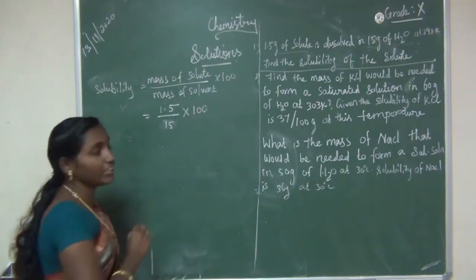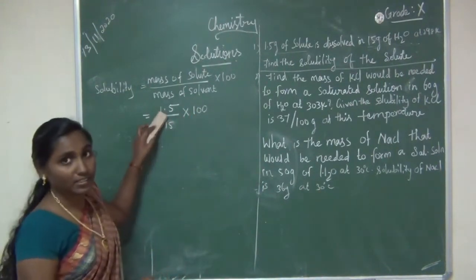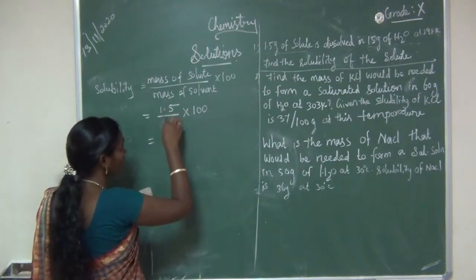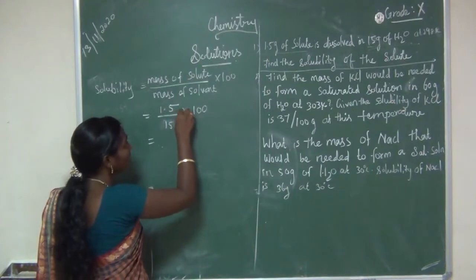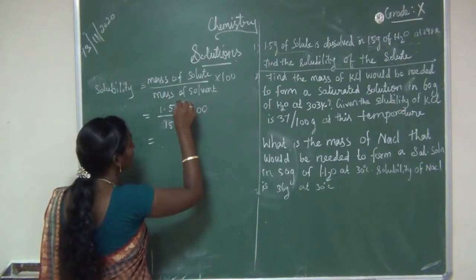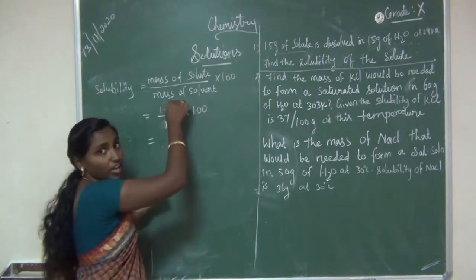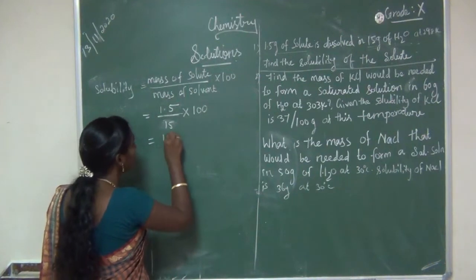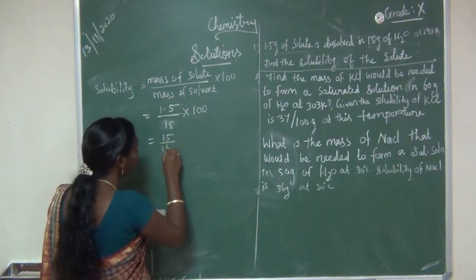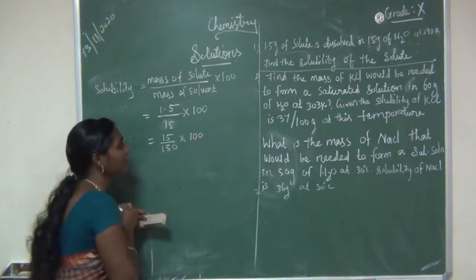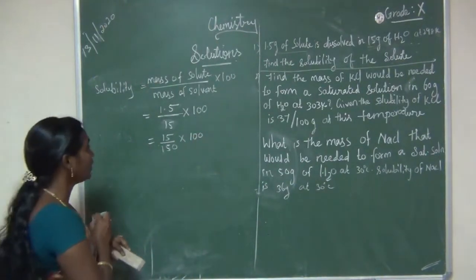First we need to remove this decimal, right? So we are going to multiply both sides by 10. So we will get 15 divided by 150, into 100.